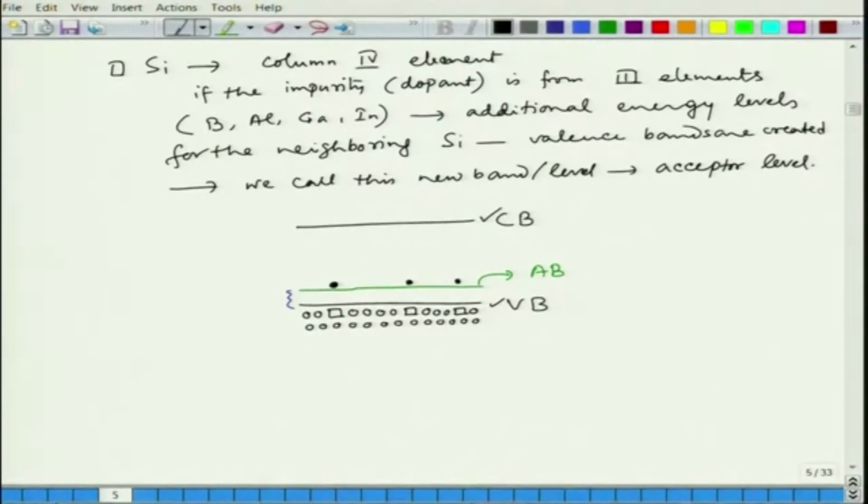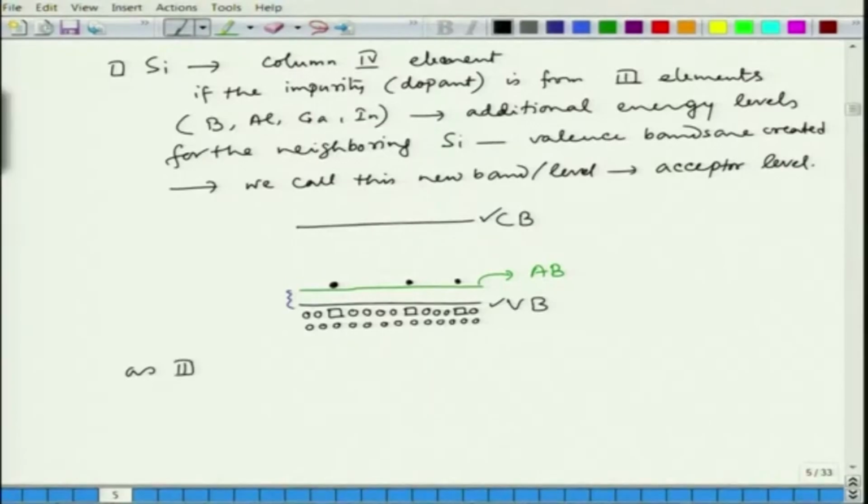Okay. So, what is this acceptor band? Why do we call it that? Because it can accept electrons from the original valence band, that is why we are calling it acceptor band.